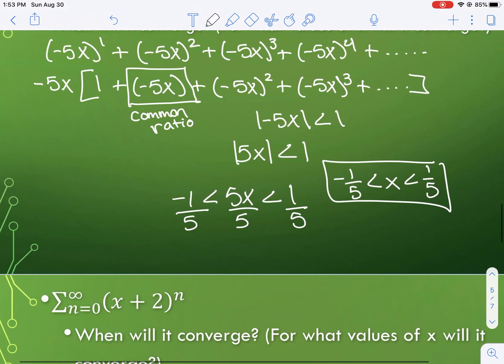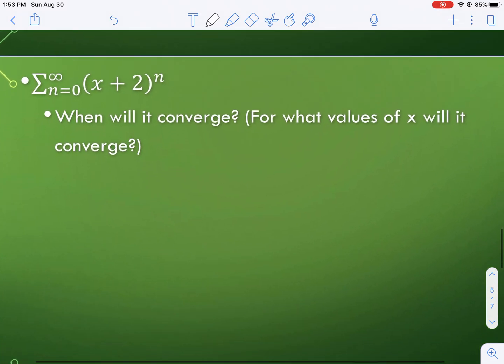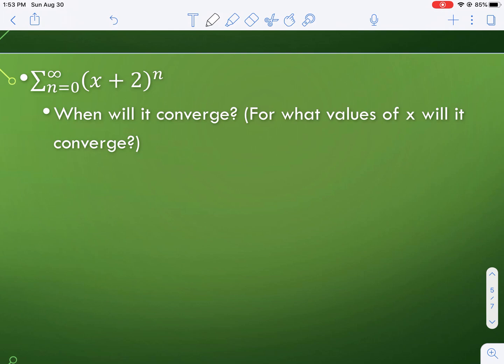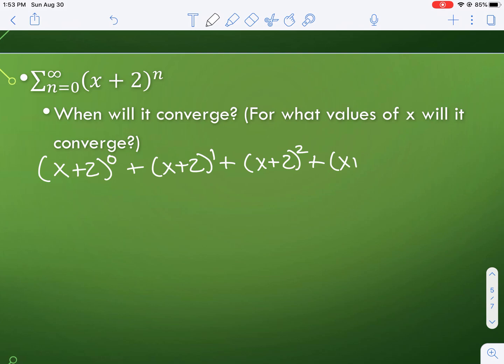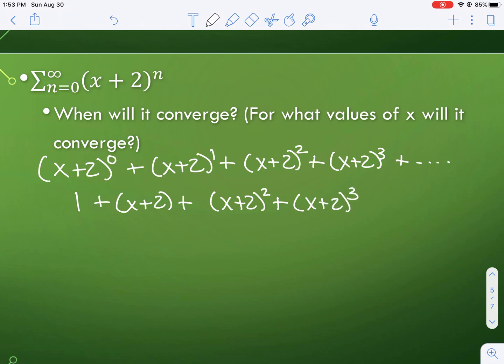And that's because it starts here at 1. So kind of similar idea: for what values of x will it converge? Well, if I start at 0, or n is 0, so x plus 2 to the power of 0, plus x plus 2 to the power of 1, x plus 2 to the power of 2, x plus 2 to the power of 3, and so on and so forth, we can see then that our common ratio here is x plus 2.